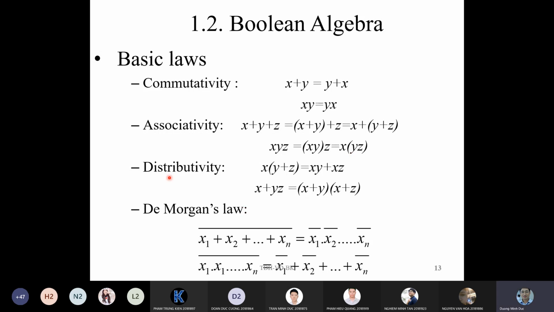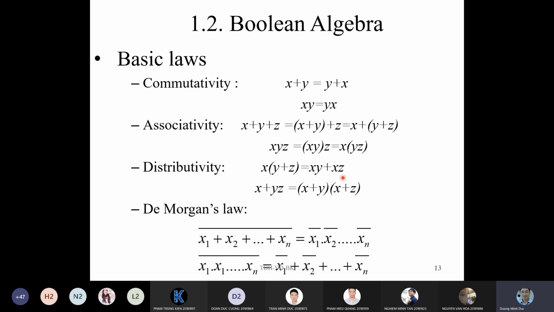Okay. And next is the rule of distributivity. So we have the distributivity of conjunction over disjunction. So x multiply (y plus z) equals x multiply y plus x multiply z.